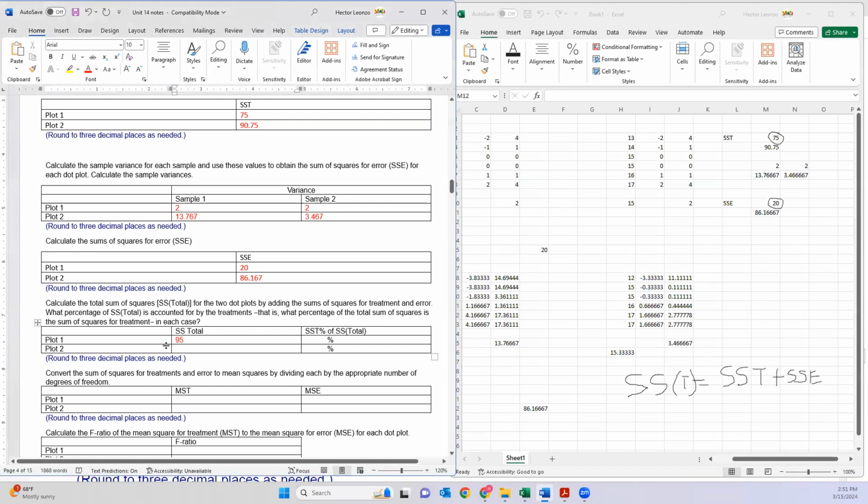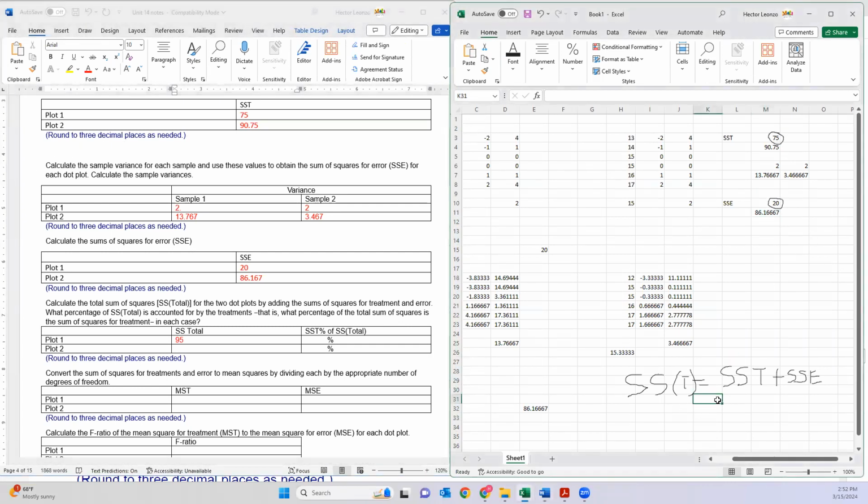What about my SS total for plot two? Okay, so here I have to add 90.75 plus 86.166666666. Okay, now this one I'm going to use the calculator at the side. So matter of fact, let me just write that here. SS total, one of them for plot one was 75 plus 20.